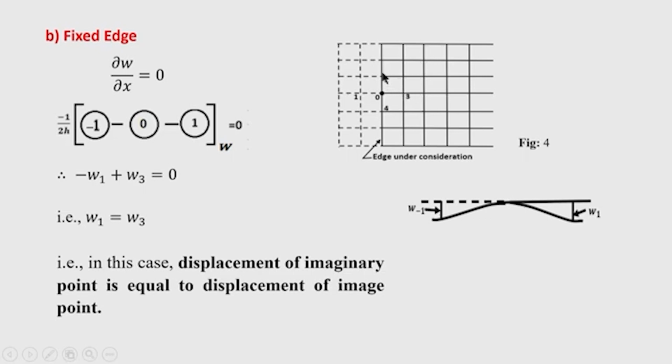The deflection at 2, 0 and 4 is 0, because this is falling on the fixed edge. Now, the coefficient here is minus 1, so minus W 1 plus W 3 equal to 0. Therefore W 1 equal to W 3. In this case the displacement of the imaginary point is equal to the displacement of the image point.